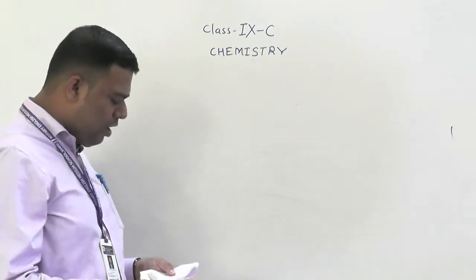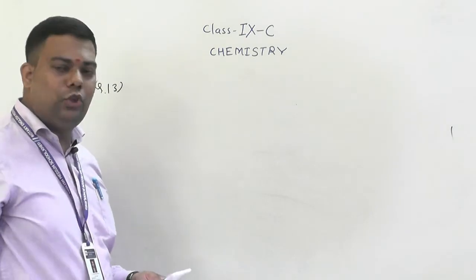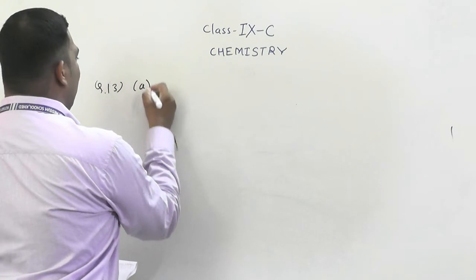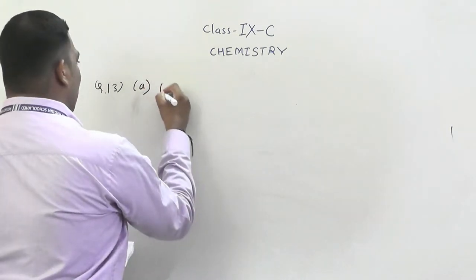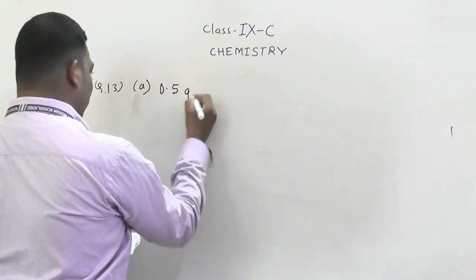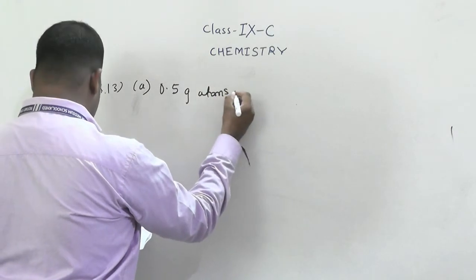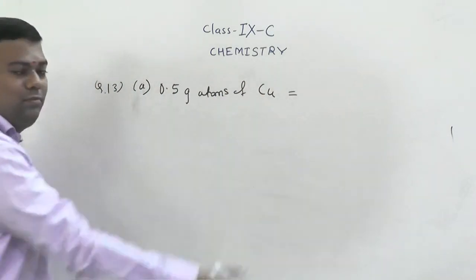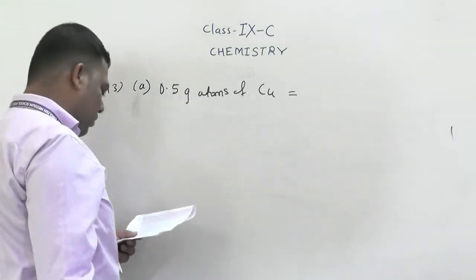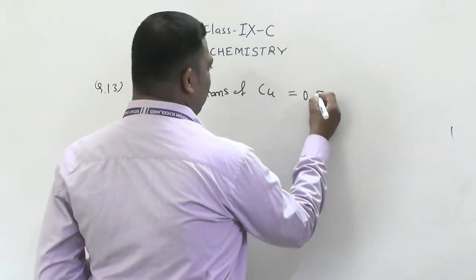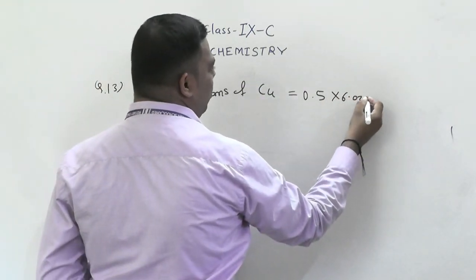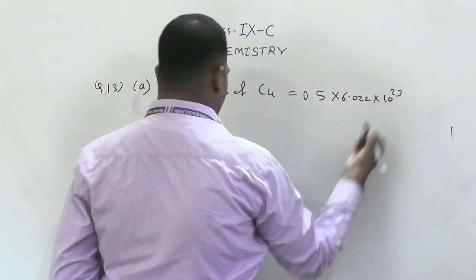Small a, they gave 0.5 gram atoms of copper. So how can we calculate these gram atoms? We have to calculate the number of atoms. Simply 0.5 into 6.022 into 10 to the power 23.